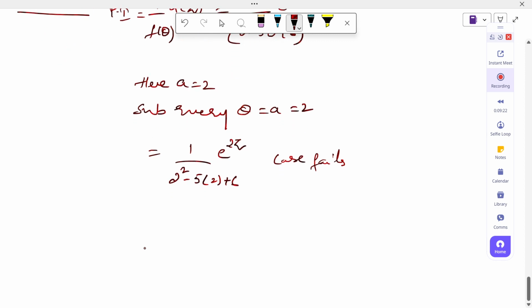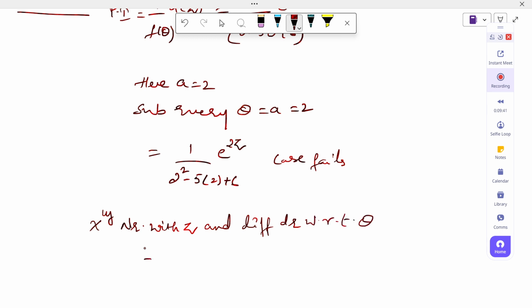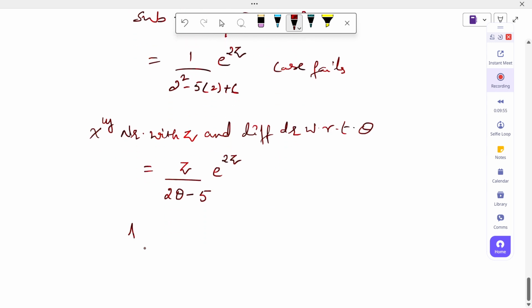You have to multiply the numerator by z and differentiate the denominator with respect to theta. It equals z divided by 2 theta minus 5, e to the power of 2z.